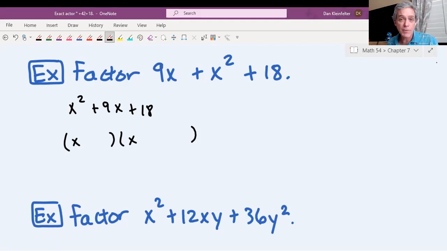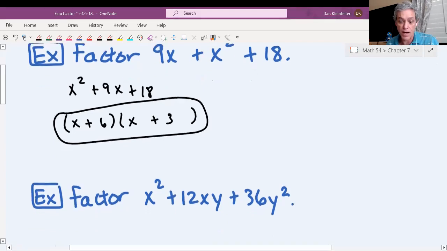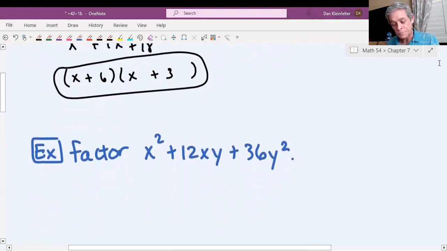In front of the 18 is a plus, so we're looking for two numbers that are the same sign. In front of the 9 is a plus, so that tells me that those two numbers are both positive. Numbers that multiply to 18 and add to 9 would be 6 and 3. Okay, and that does it. The only new thing there was having to rewrite it so that the terms were in order.